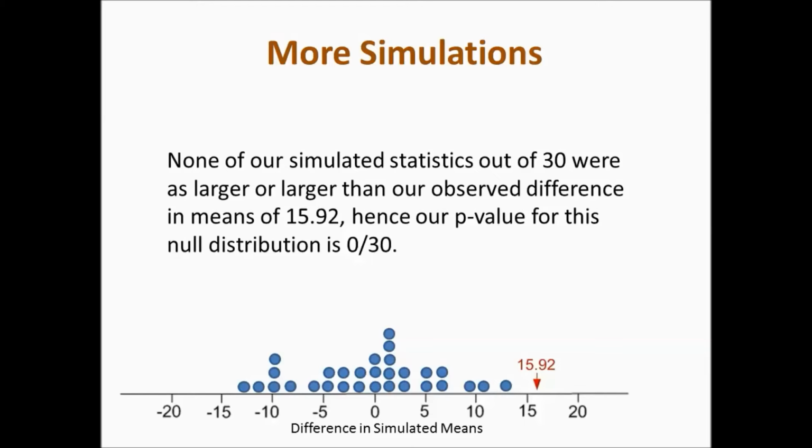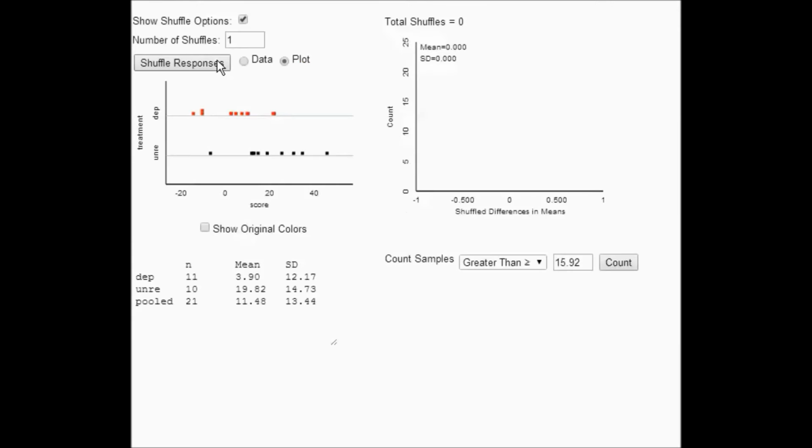To get a better idea as to what our p-value is, we should really do more repetitions than just 30. To do this, let's use our multiple means applet. In this applet, we start with our dot plots and improvement times with the sleep-deprived group on top in red and the unrestricted sleep group on the bottom in black.